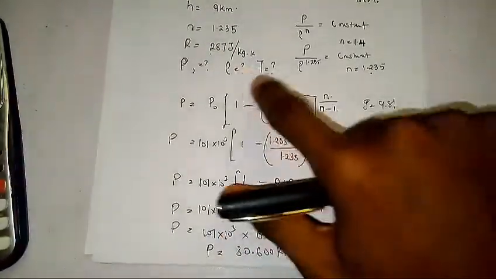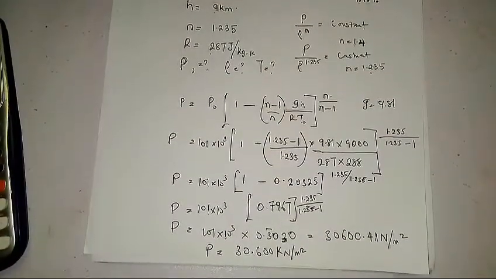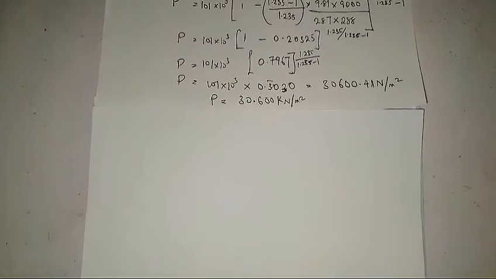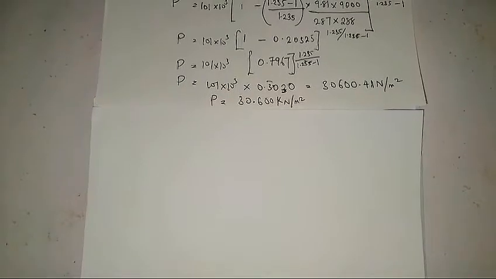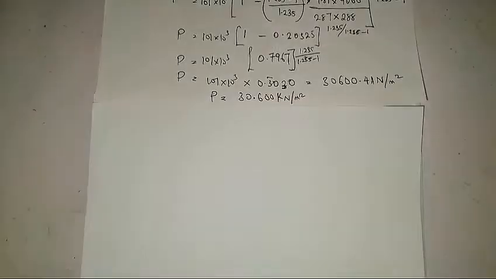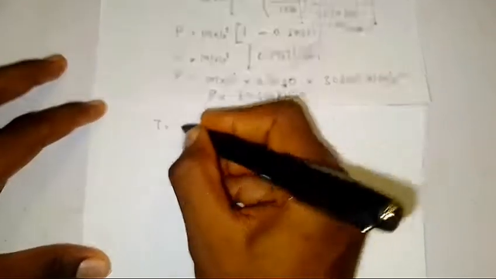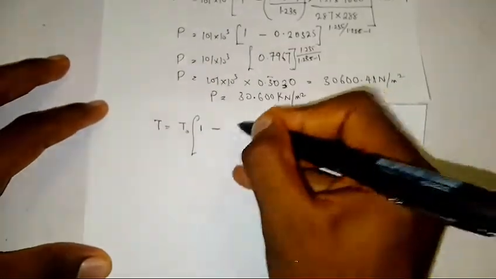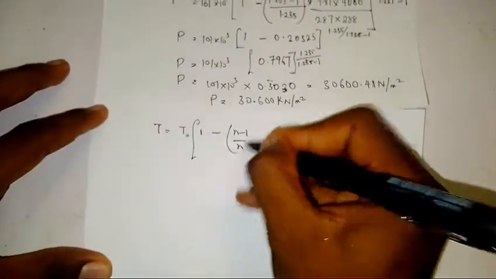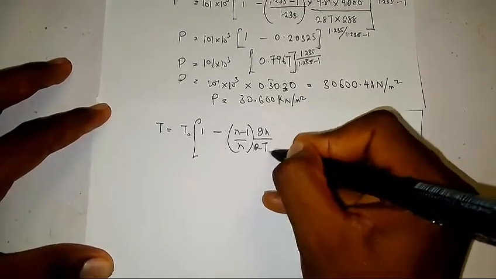So our next step is calculating. Let's first calculate my temperature. So calculating the temperature, what do we do? The formula for calculating the temperature at a particular height in atmosphere is very similar to the one for calculating pressure. The one for calculating temperature is T is equal to the initial temperature T naught, open bracket, 1 minus n minus 1 over n, close bracket, GH divided by RT naught.